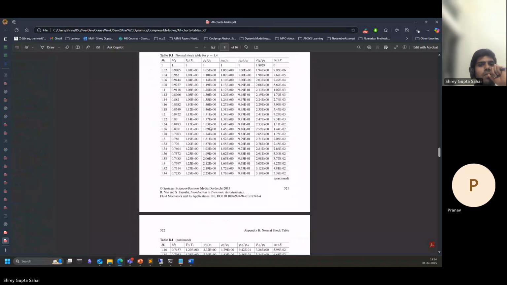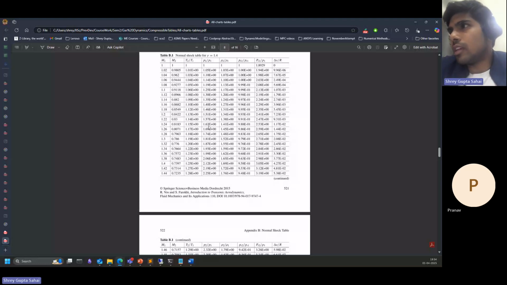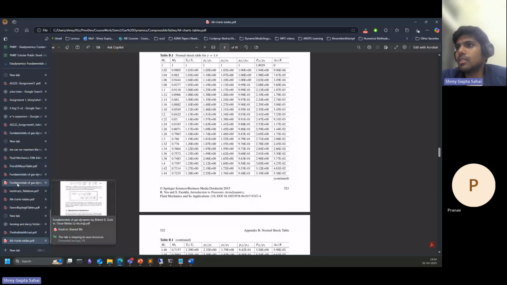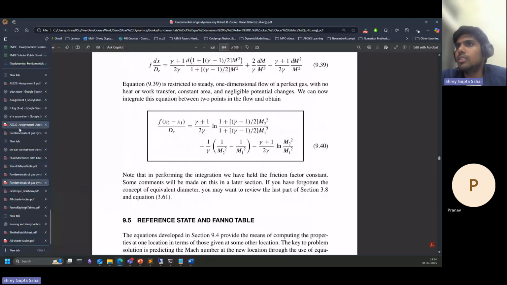Maybe this is static pressure only. If it's a static pressure thing, wait, but how could it be static pressure, man? So weird.